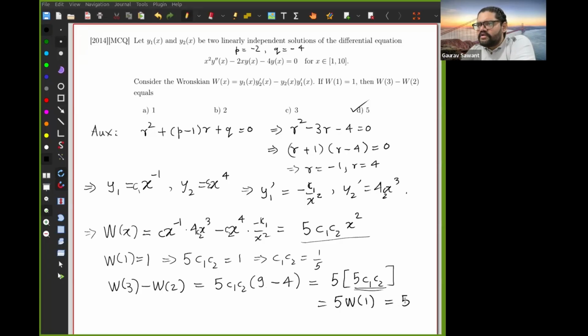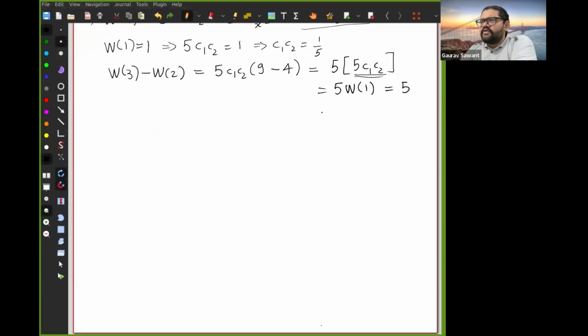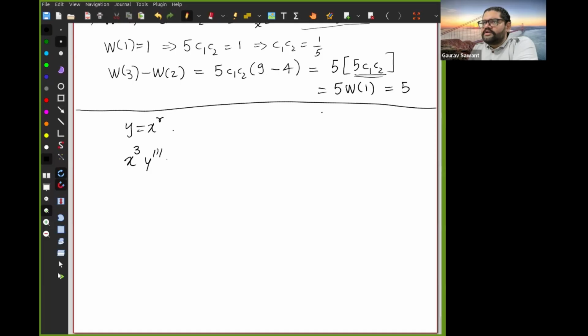So let me just write it on the board. The substitution is just y is equal to x power r, right? So if I have a degree 3 situation, for instance, I have some x cube y triple dash plus, instead of p, let me write capital A, capital B, capital C as my coefficients, A x square y double dash plus B x y dash plus C y equal to 0.